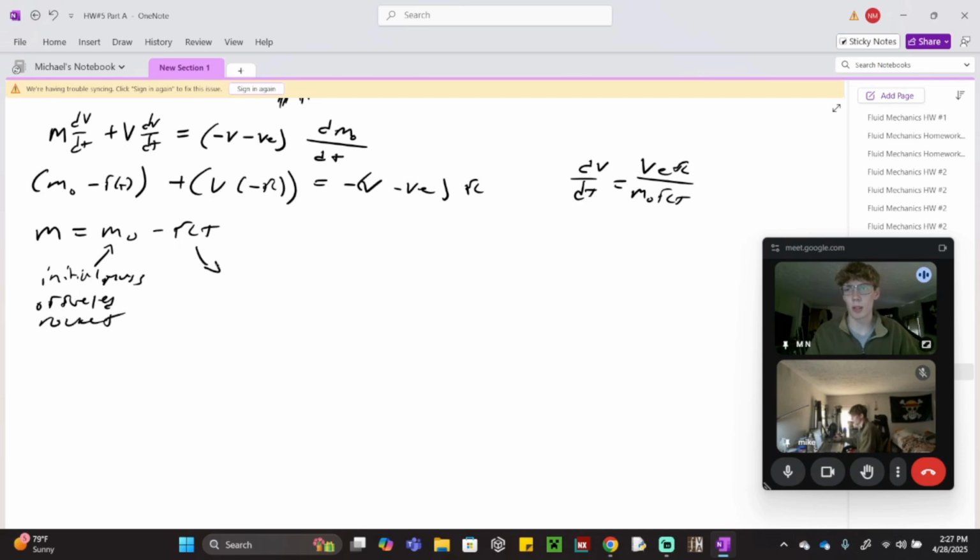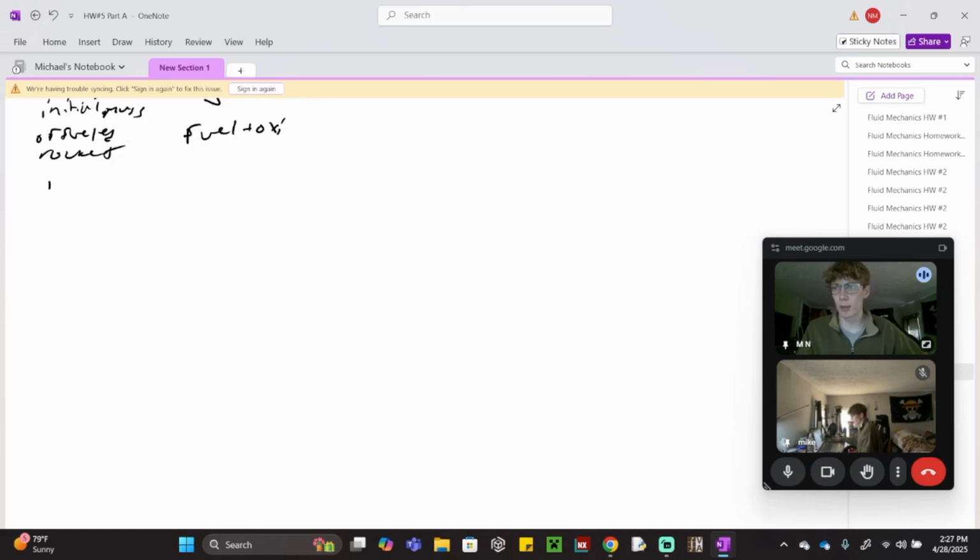And this is equal to fuel plus oxygen. Deriving this equation, we get the integral from v equals 0 of dv prime equal to the integral from t equals 0 of ve fc over (m0 minus fct) dt prime.